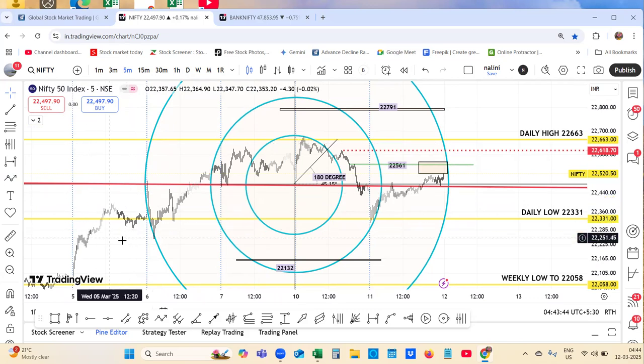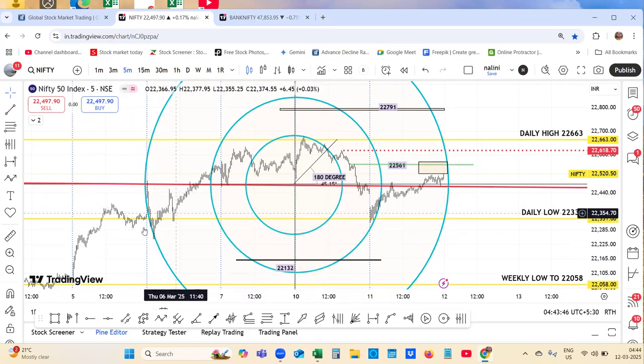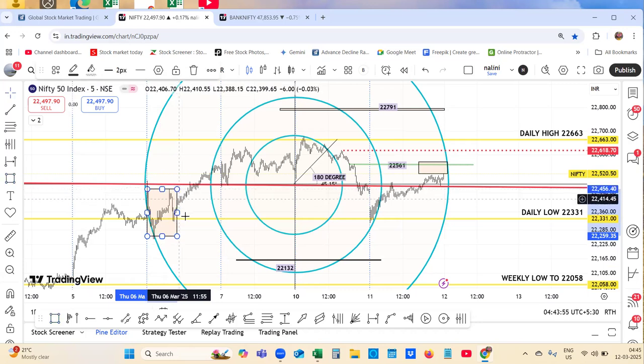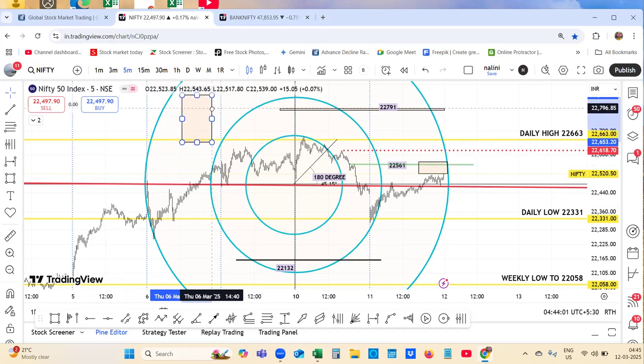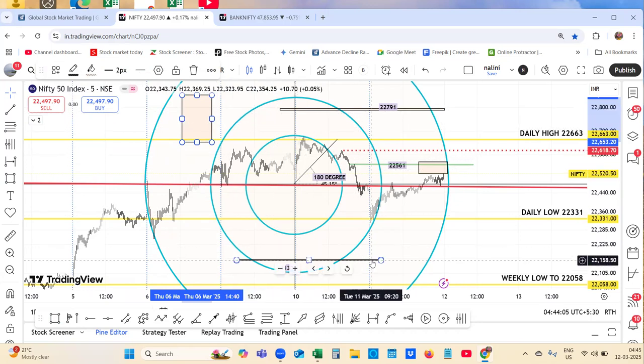If you see here from this level, that is measured move. That is nothing but squaring the range. Measured move. If you clone this one level, the market has not finished 3 levels. Before finishing the 3 levels, it has come down.